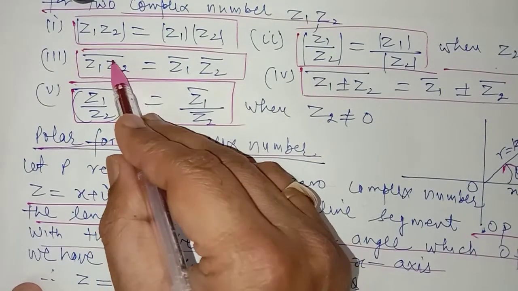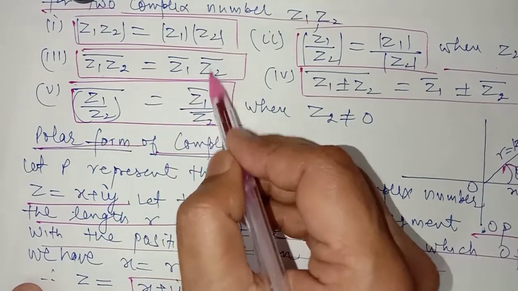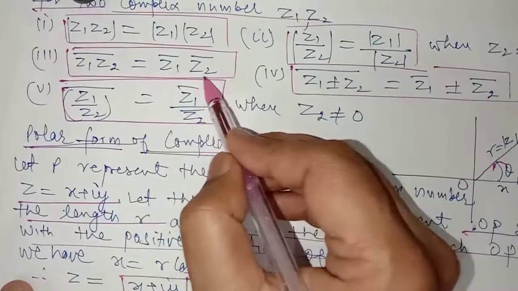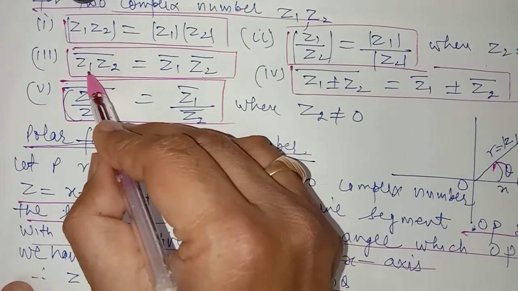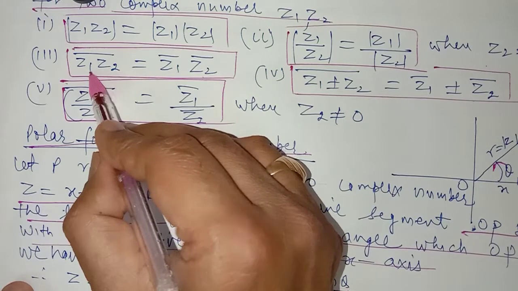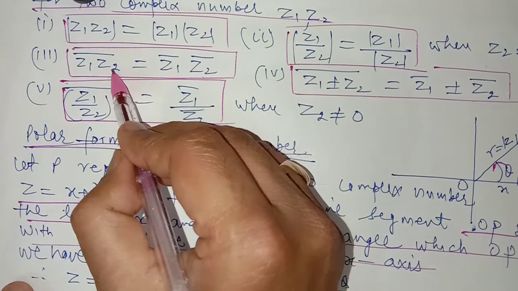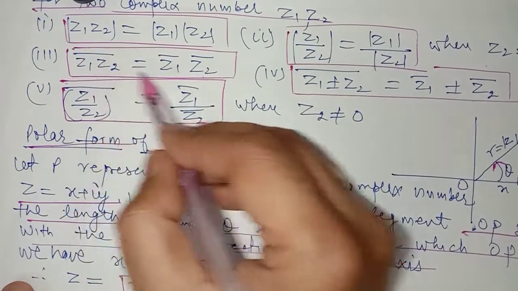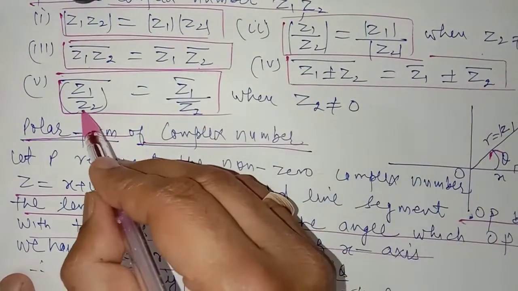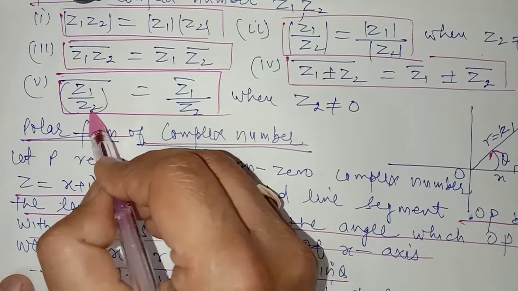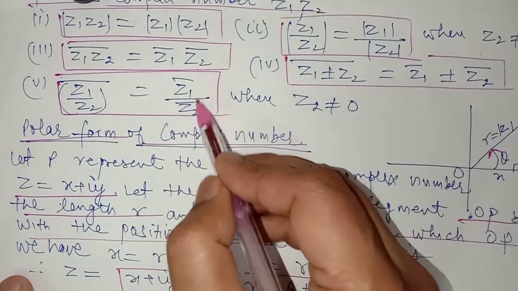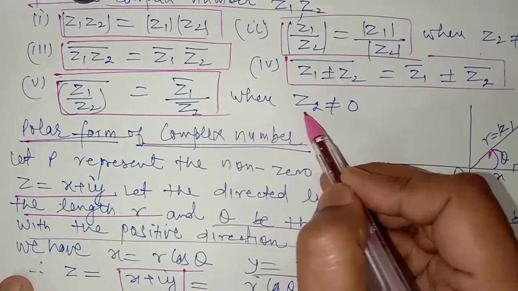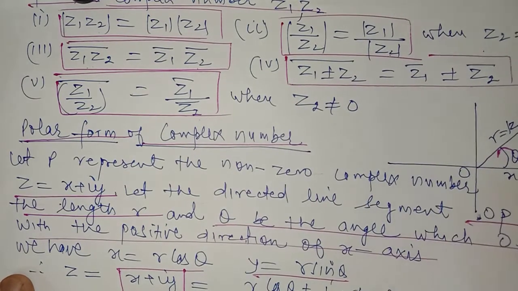You can prove that very easily by putting z1 = a + ib and z2 = c + id. When you find the value of the left hand side and right hand side, you get the same value. Similarly, z1 upon z2 whole conjugate will be equal to z1 conjugate upon z2 conjugate, where z2 is not equal to 0.